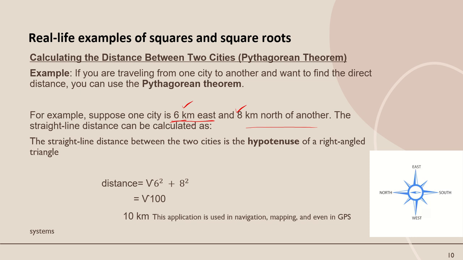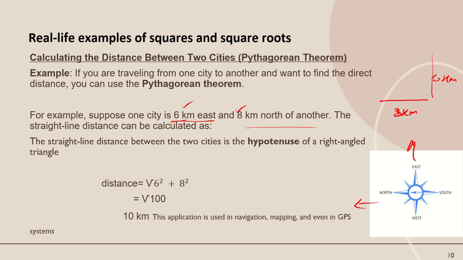To convert these numbers into a right angle triangle shape, let's suppose that 6 km towards east along this side, and 8 km towards north along this side.